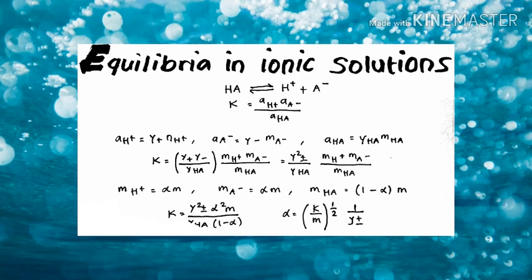So that this formula, where we have used the relation γ+ γ- = γ±², if the total molality of the acid is m and the degree of dissociation is α.